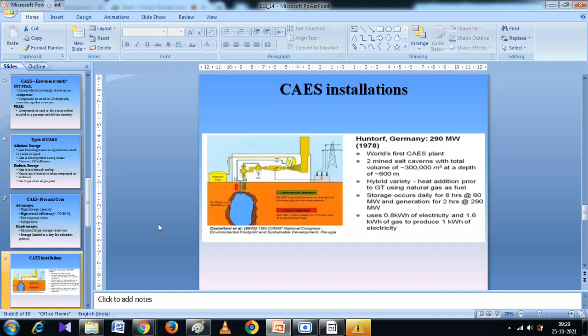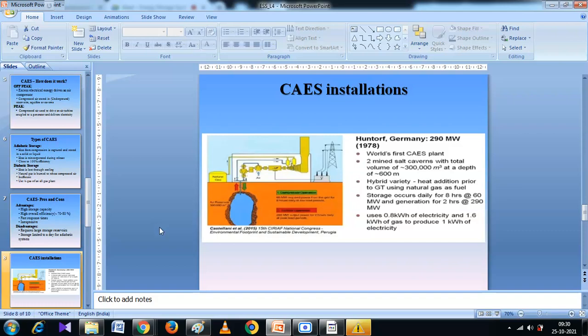We store for 8 hours at the rate of 60 megawatt, and by that storage we can generate electricity of 290 megawatt for 2 hours. Though it is in 1978, so the electricity is not given for too long a time.